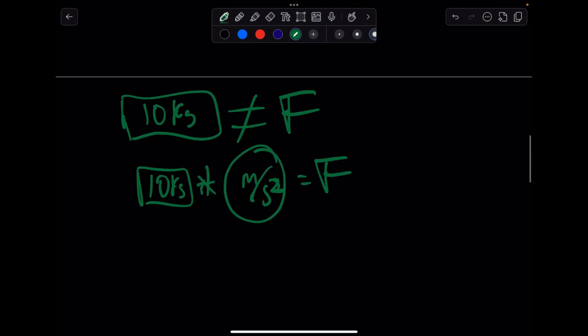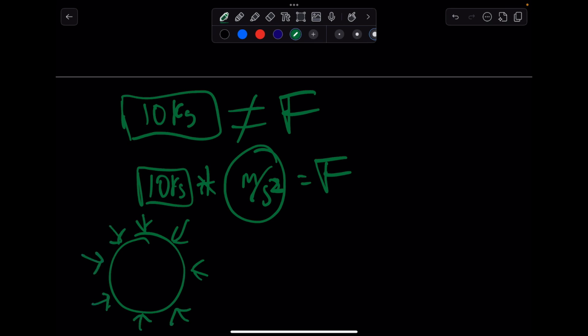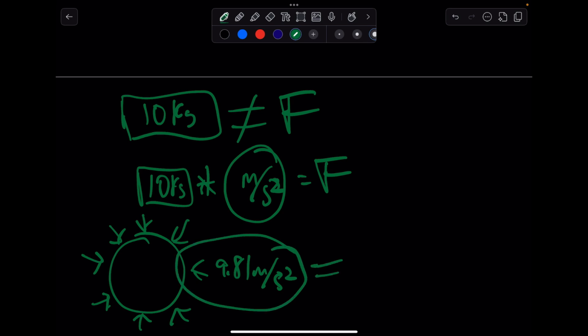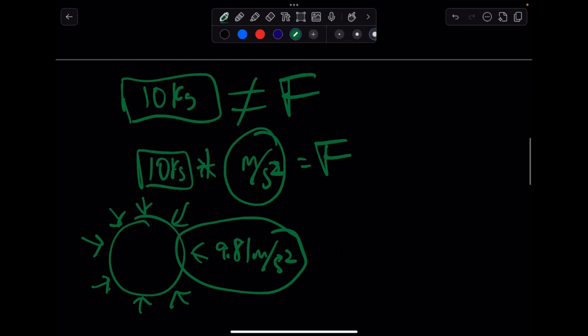And the reason we have force on Earth is because of the gravity that's always acting, creating that constant acceleration of 9.81 meters per second squared. Without this gravitational force, there would be no acceleration on your object, so you wouldn't have a force.